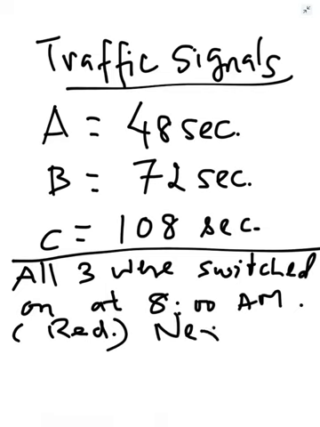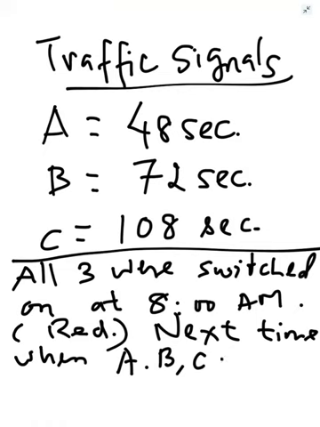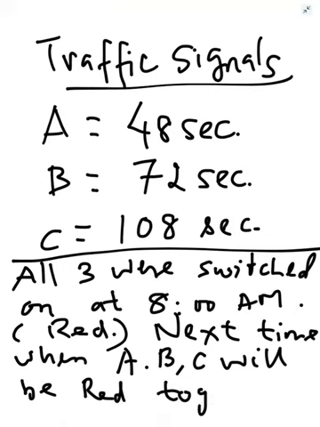We have to find the exact time next time when all the three, A, B, C, will be red together. So after 8 a.m., when they are switched on, what time will they again show red together?